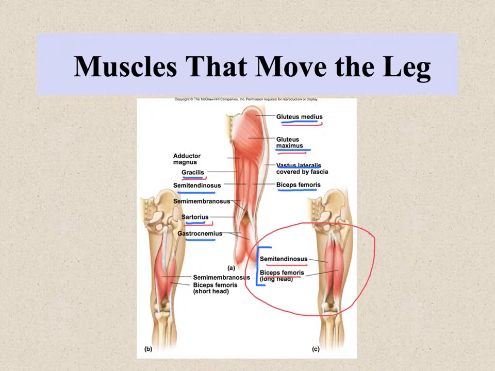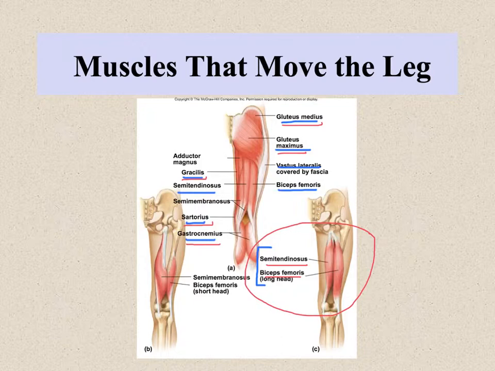The sartorius is involved in abducting your thigh and rotating it laterally. Because they are coming across 2 joints, they are able to make several different motions through that part of your body.